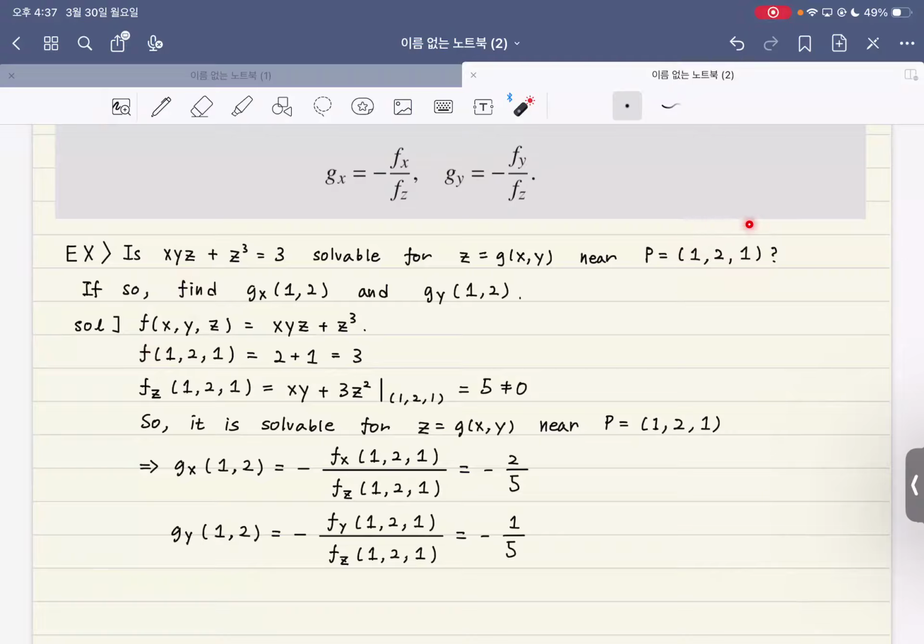Now, taking the partial derivative with respect to z gives xy plus 3z squared, and if you plug in x equals 1, y equals 2, z equals 1, it is 5, a non-zero number. So this is solvable for z near this point, and the partial derivatives are merely computation: the negative of this and this one.